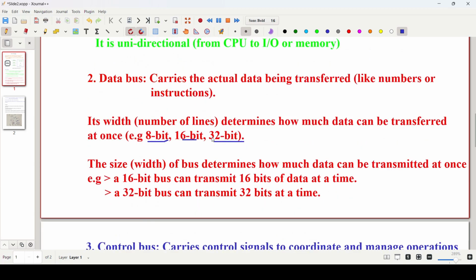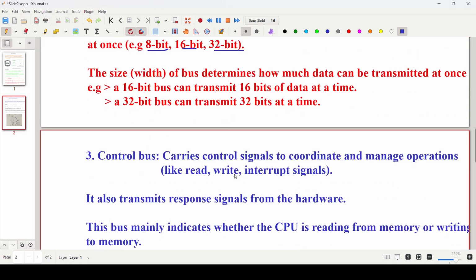The more bits, the more data can be carried by the data bus. So the width of the bus determines how much data can be transmitted at once. A 16-bit data bus can transmit 16 bits of data at a time. Similarly, a 32-bit bus can transmit 32 bits at a time.